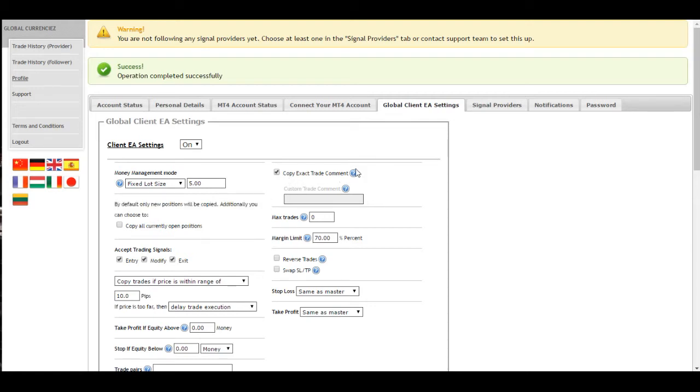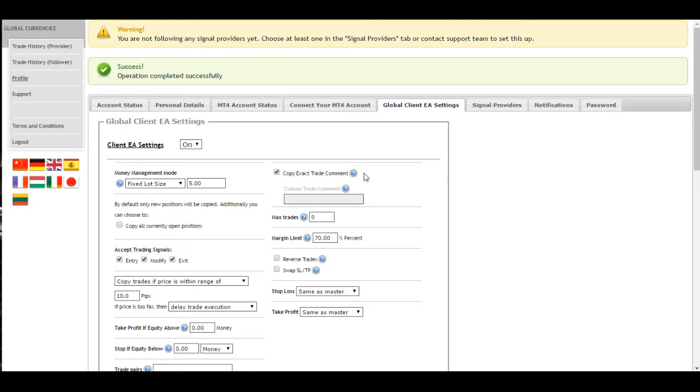Copy exact trade comment. I'll just mention this. In MT4 you have different values, and Comments is one of them, right at the bottom where your open trades are. You have your stop loss, your take profit.